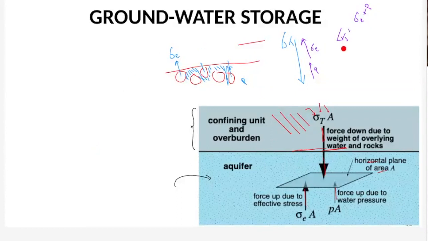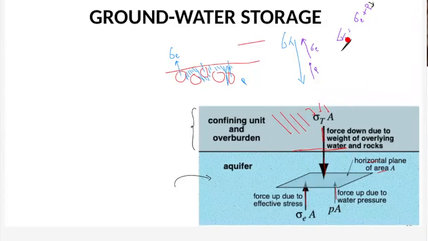Means in this equation, sigma T should not change. My P is decreasing. If my pressure is decreasing, sigma T should not change. It is independent of it, right? Yes or no?